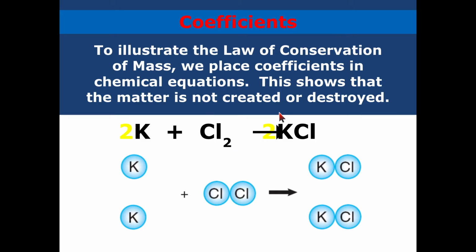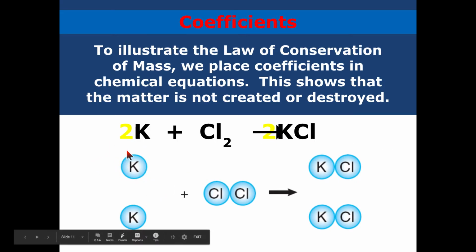So they're putting coefficients here in the chemical equation. I mean, it really doesn't matter because all you're doing is times, if you take these 4 here and times it by, well, you're going to times the K by 2.